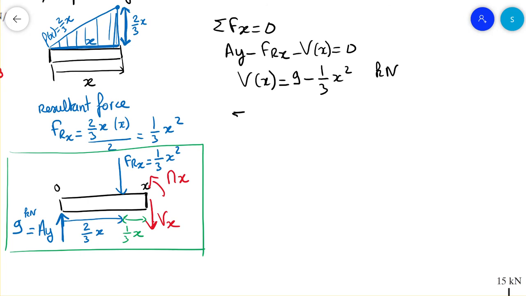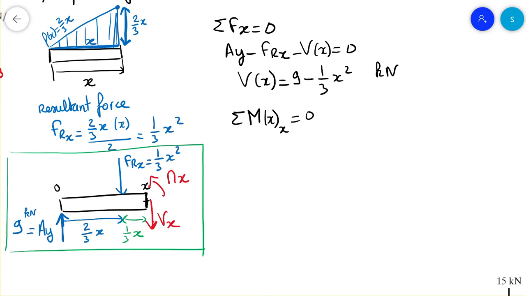And the sum of the moments about the point x is equal to 0. So if we made a mistake for Vx, we don't reproduce the mistake for the moment at the point x. So we are looking to find the function of the bending moment, and we will use the moment about the point x, equal to 0.